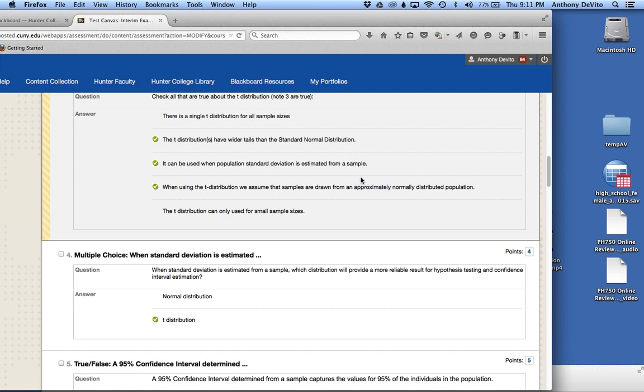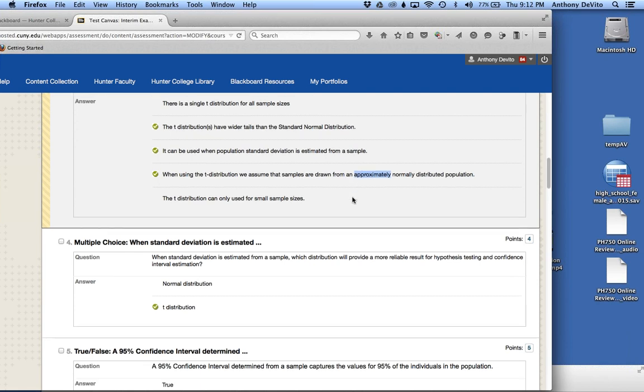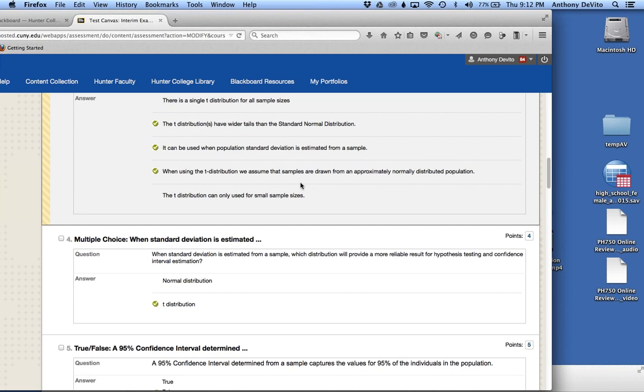However, when we use the t distribution, it is important that the original population be at least approximately normal, not terribly badly skewed. I think that's in one of the PowerPoint slides.